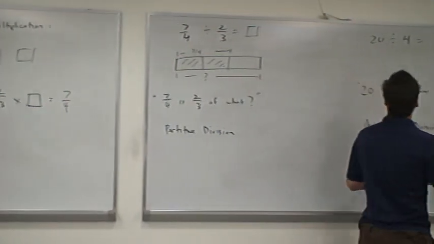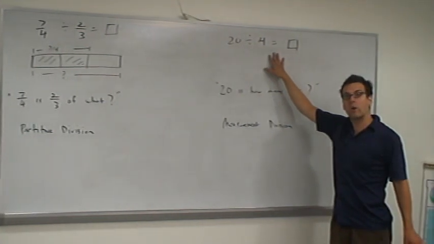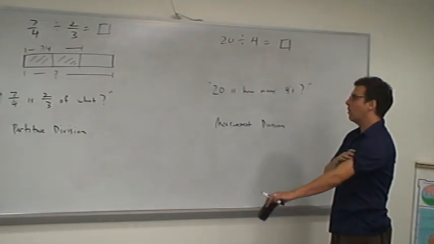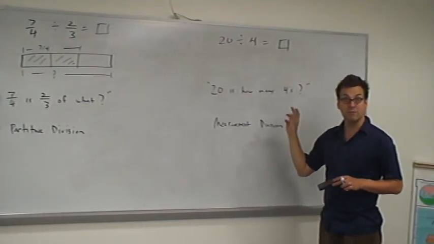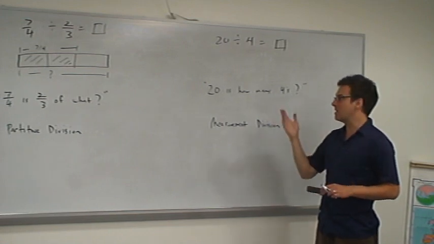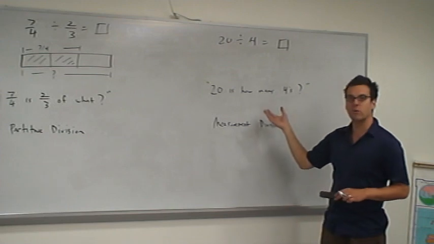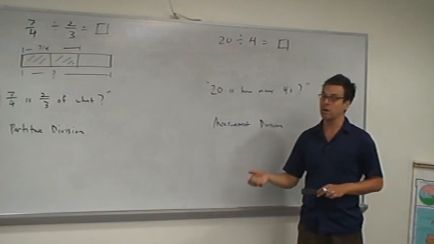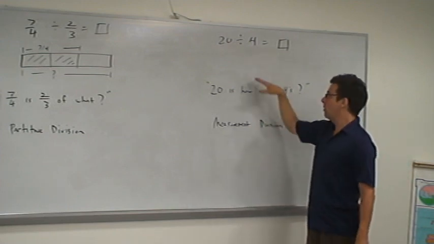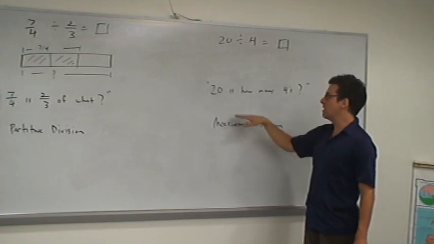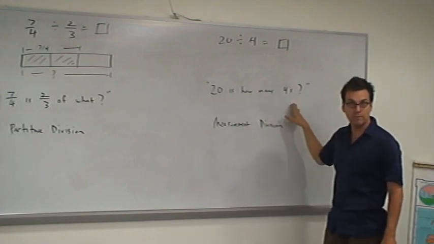From a measurement perspective, remember the original 20 divided by 4 problem. Now the role of the divisor changes. Instead of the divisor representing the number of parts as it did with partitive division, now the divisor represents the size or the measure of each part. So the interpretative question we have with measurement division is 20 is how many 4s? Okay?